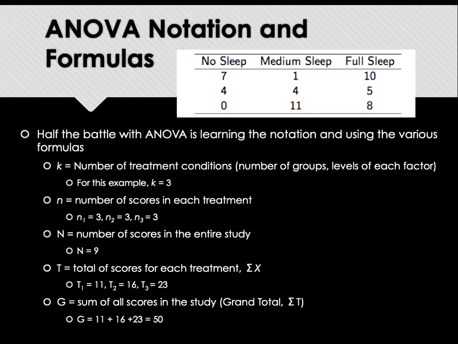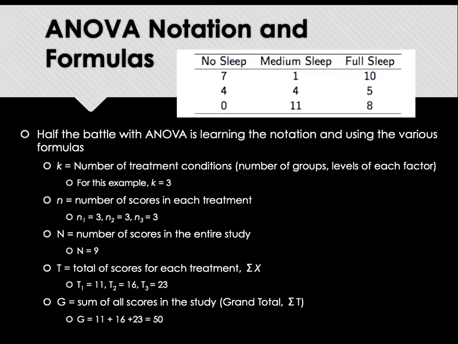You could also call it the grand total, and it's the sum of T's. So if the sum of x's for each treatment gives us these T values, adding up all the T values gives us a G value. So G in this example equals 11 plus 16 plus 23, which come from right here, and G equals 50.